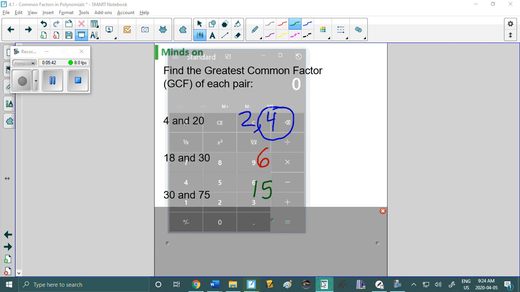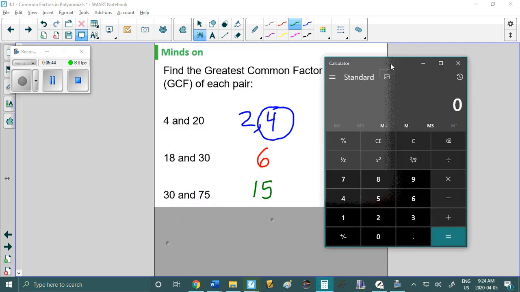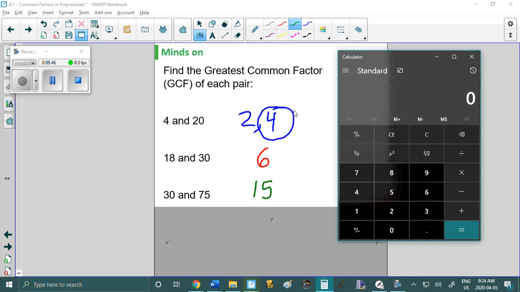Now, if you can't do this in your head, and some of you don't have your times tables memorized, you can come in here to a calculator and do 30 divided by, let's say, 10. It works. Let's try 75 divided by 10. Doesn't work. It's a decimal number. Doesn't go in evenly. Let's try 15. 30 divided by 15 is 2, so it works.